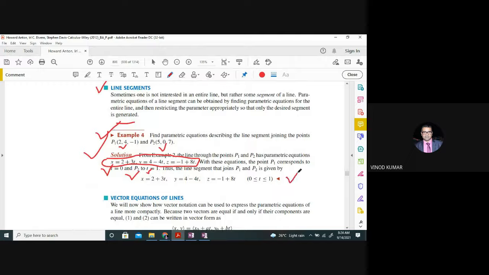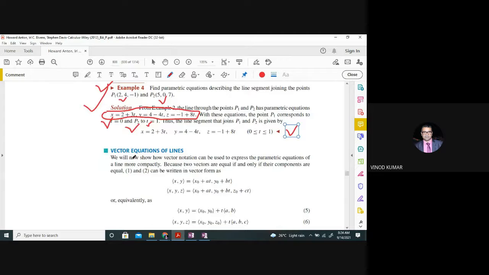Okay, given a condition on a line segment with the help of given two vectors. Okay, to see this vector equation of a line.